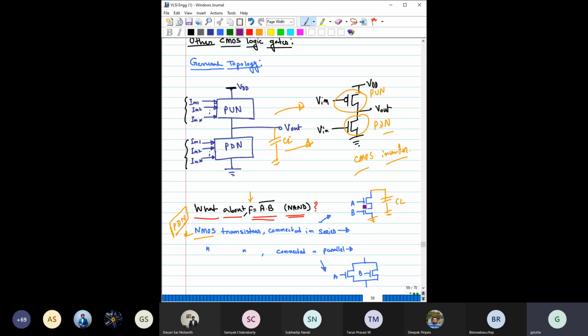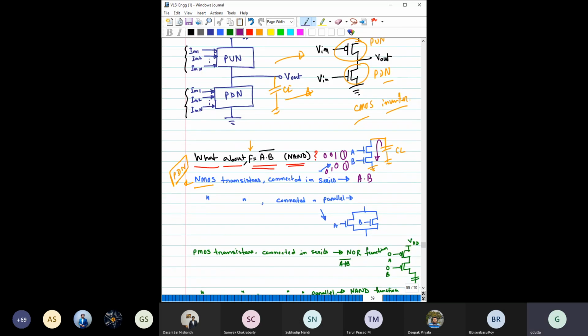Now if both the inputs are 1, 1, then only it can discharge. If it is 1 0, 0 1, or 0 0, it cannot discharge. So you can clearly see that if you connect two NMOS in series, that is definitely going to give you an AND function.